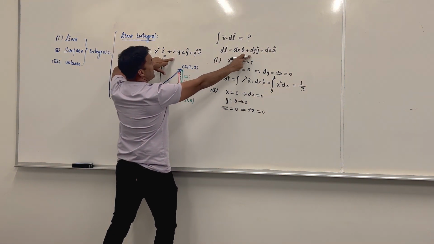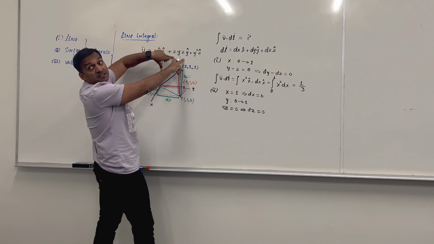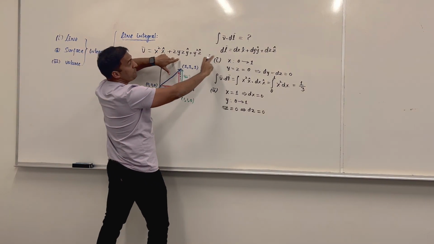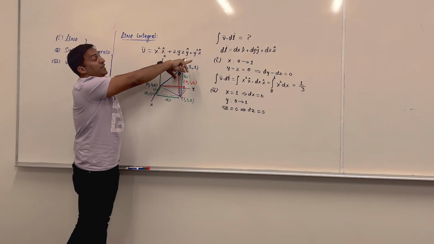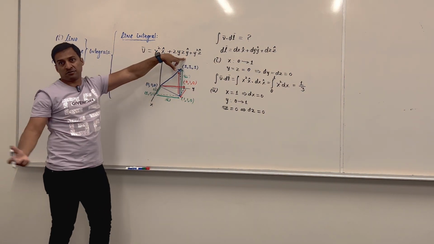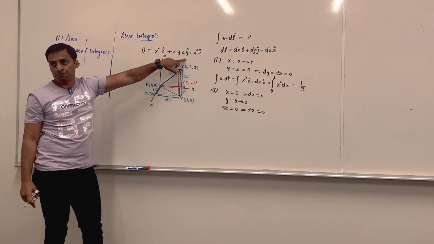if this middle term survives, it means we only need to look at this middle term, because then we are taking the dot product of the y unit vector with the y unit vector. Dot product of the y unit vector with the z unit vector or x unit vector will automatically be 0. Got it?